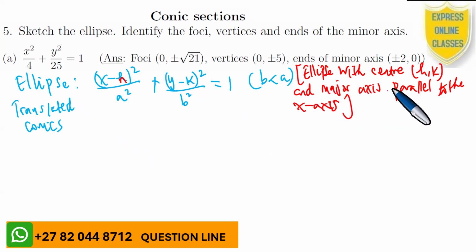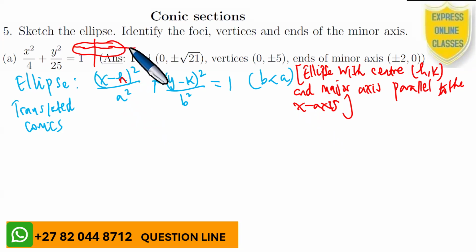So the ellipse with center (h, k) and major axis parallel to the x-axis. Because here a is bigger, it means that your x is bigger, so your graph is going to be like this.